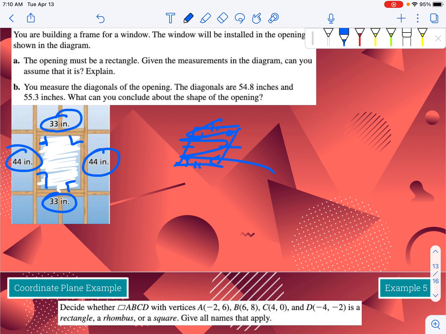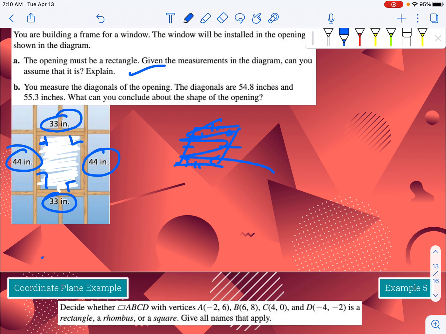So even though it looks like a rectangle, and it very well could be, we cannot know for sure that it is a rectangle without seeing those angles. So there would be letter A. You measure the diagonals of the opening. The diagonals are 54.8 inches and 55.3 inches.